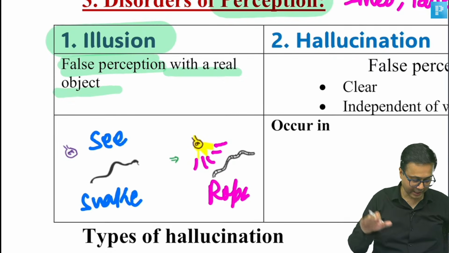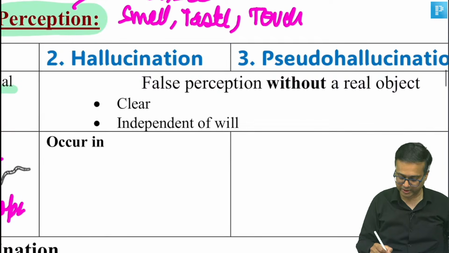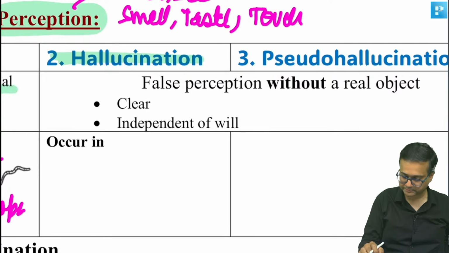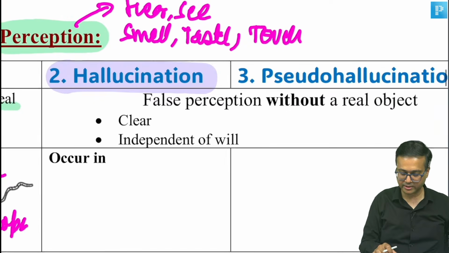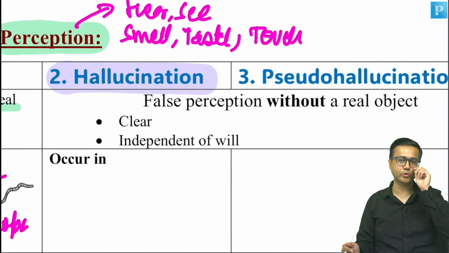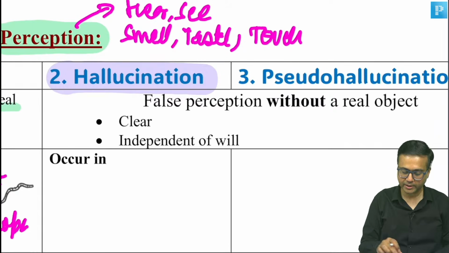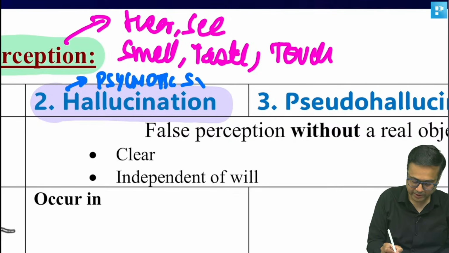Very good, beta. Let's now discuss a very important topic, that is hallucination. Just like when we discussed delusion, the first point we wrote was that delusion is a psychotic symptom.